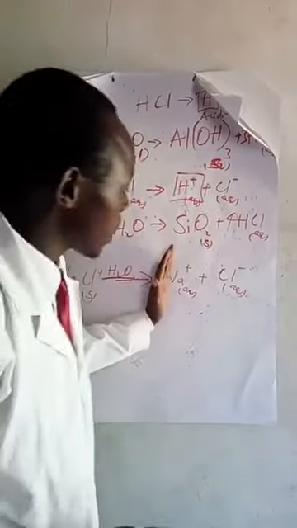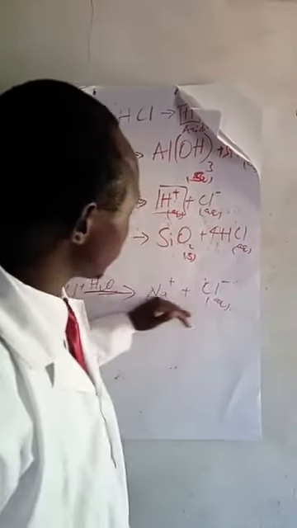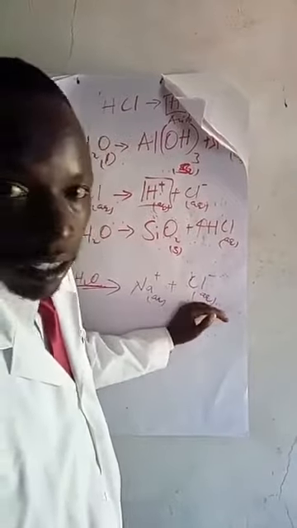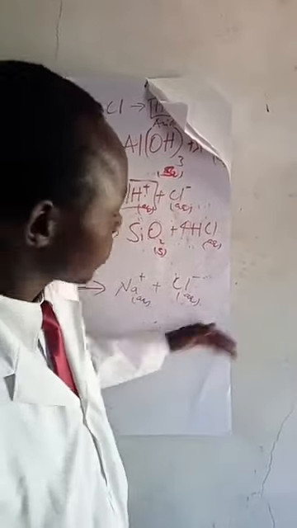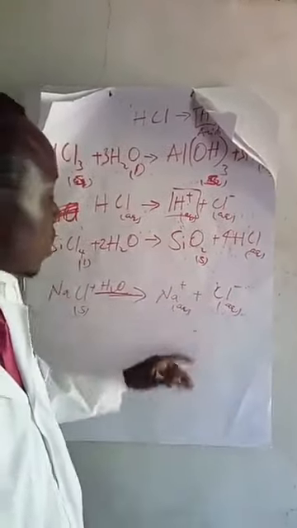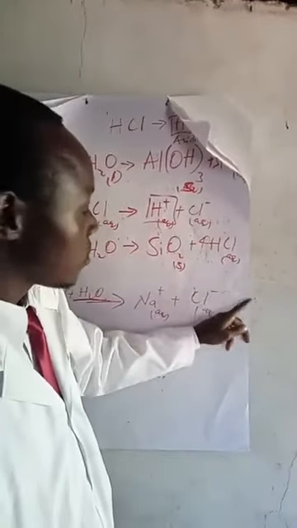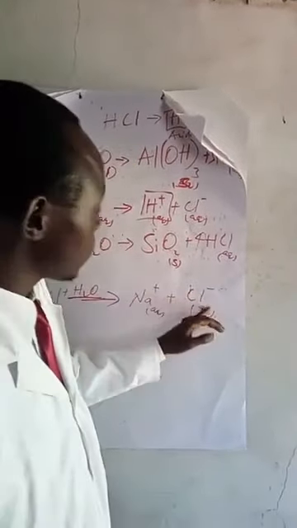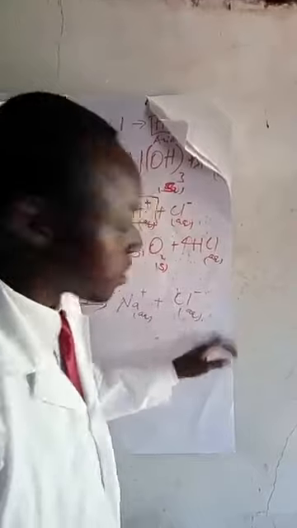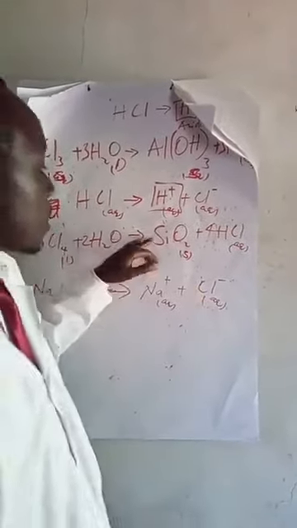Because we don't have hydrogen ions and we don't have hydroxide ions, the solution is neutral. If there were hydroxide ions, the solution is basic. If there were hydrogen ions, the solution will be acidic, just as we have said here.